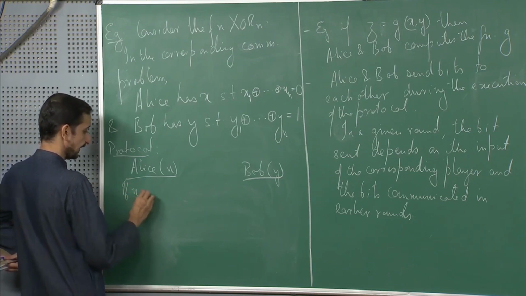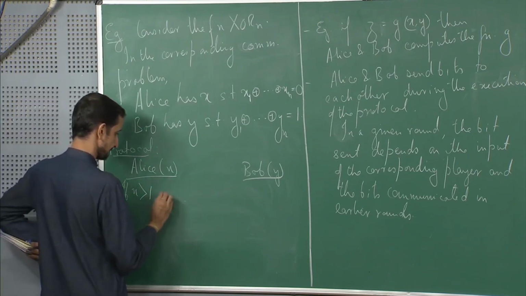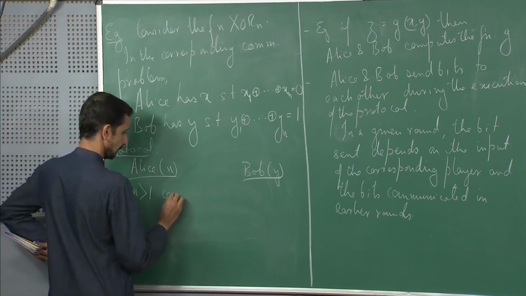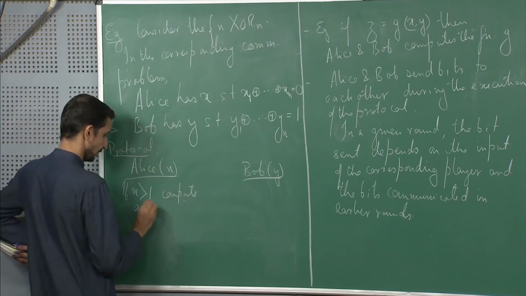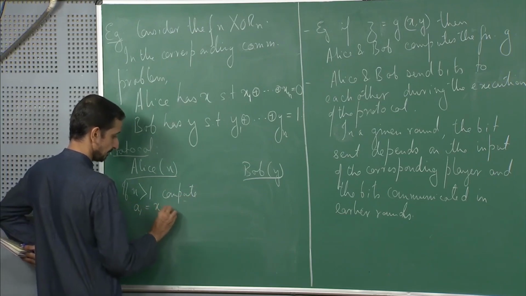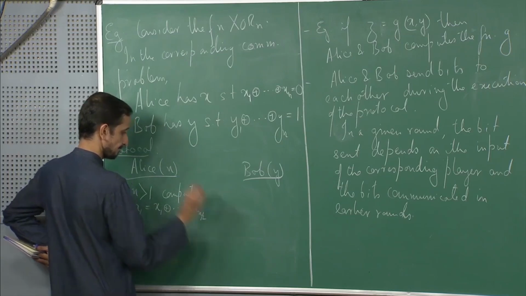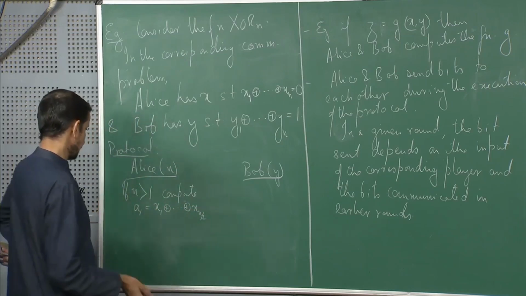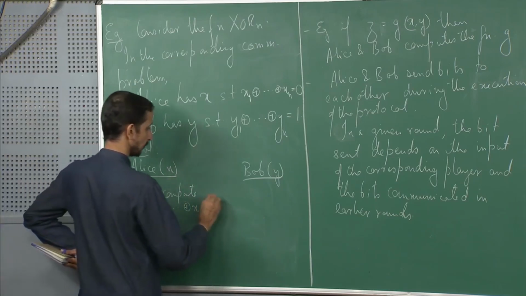If n is strictly greater than 1, compute A1, which is equal to the parity of the first n/2 bits, and send A1 to Bob. Okay.